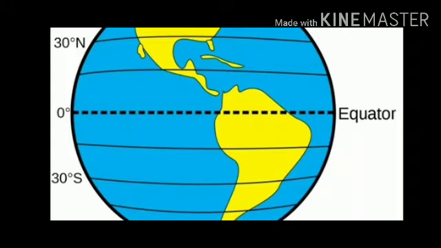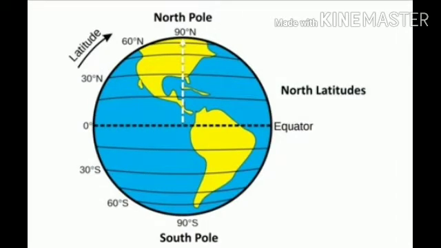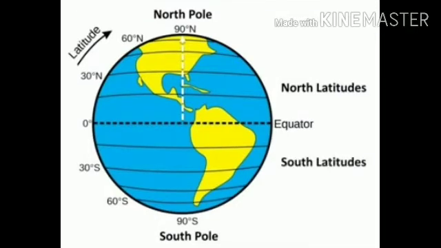So the value of each latitude is followed by either the word north or south. For every parallel line which we divide, there is a degree, and it is followed by the word north or south, according to the direction in which it is placed. Generally, this is indicated by the letter N or S.